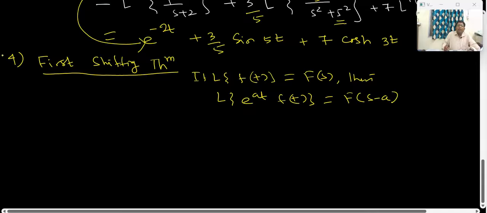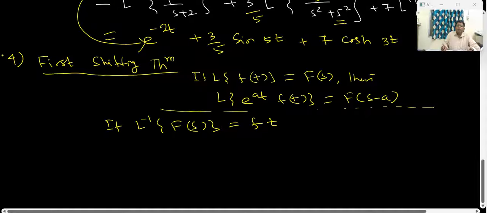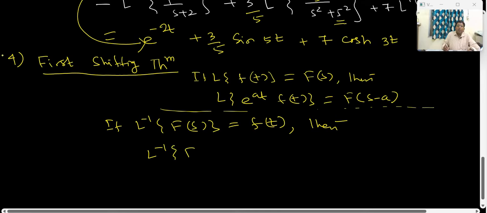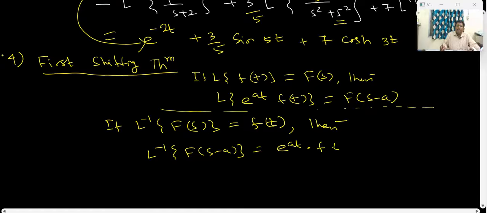So accordingly here I shall write: if L inverse of F(s) is equal to f(t), then L inverse of F of s minus a will be e to the power at f(t).